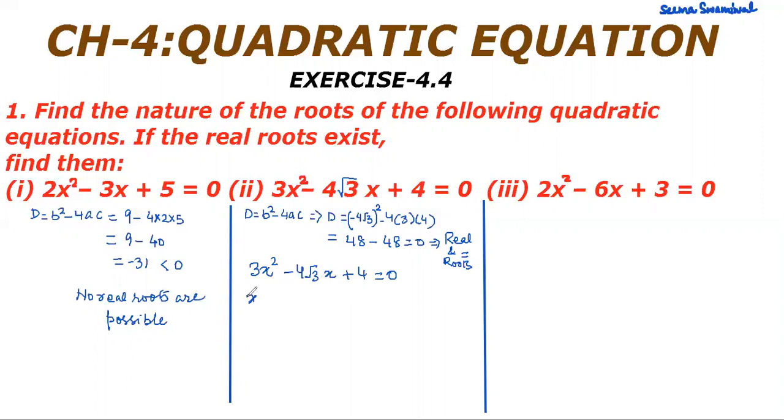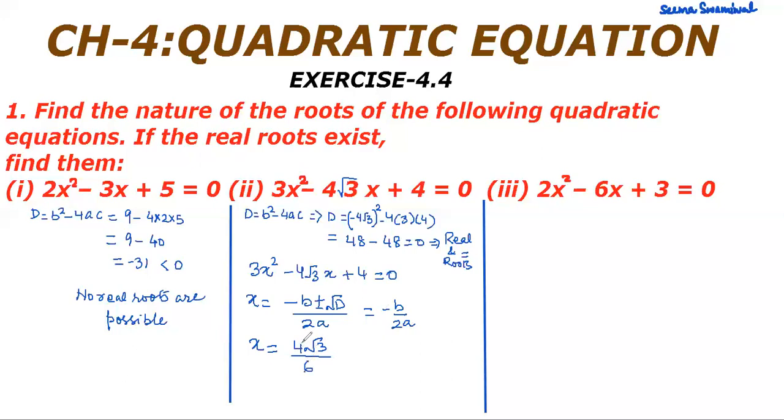So x is equal to minus b plus minus square root d upon 2a. And d is 0 here, so this formula reduces to minus b by 2a only. So the value of x is equal to minus of b, that means 4 square root 3 upon 2a, 2 into 3, that means 6.